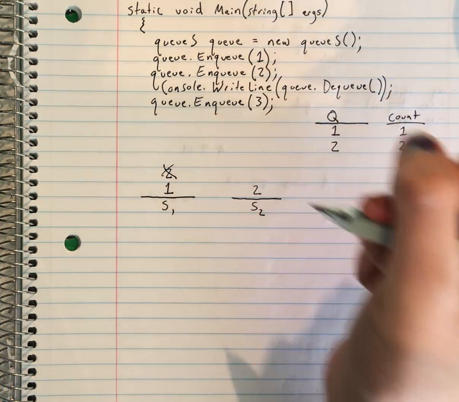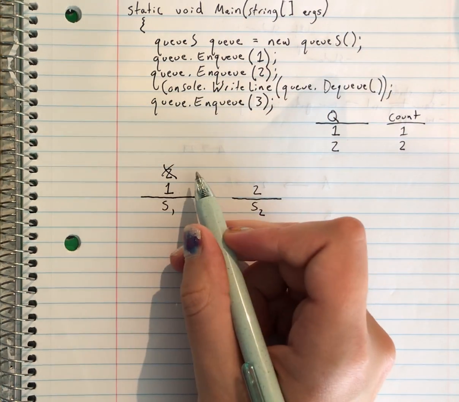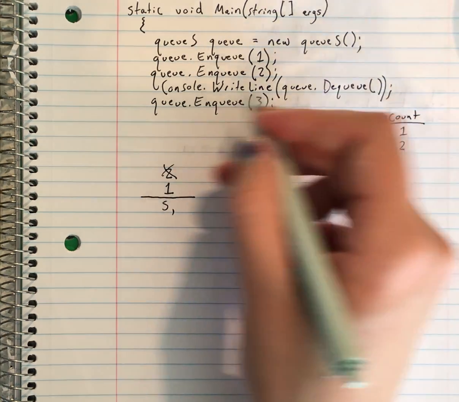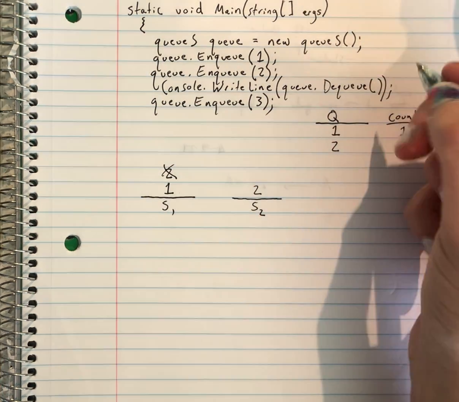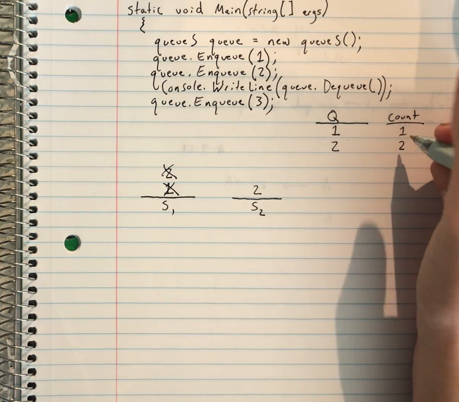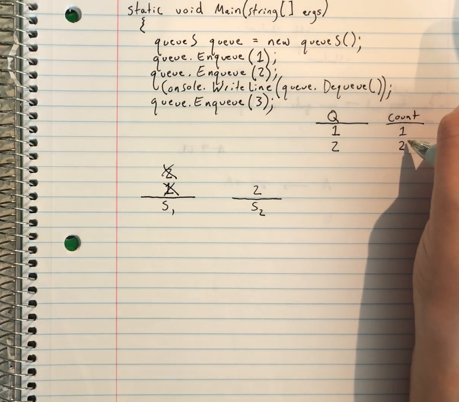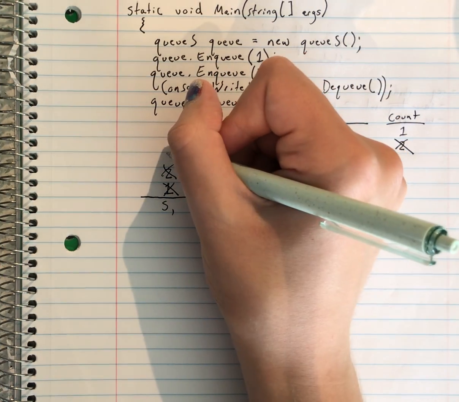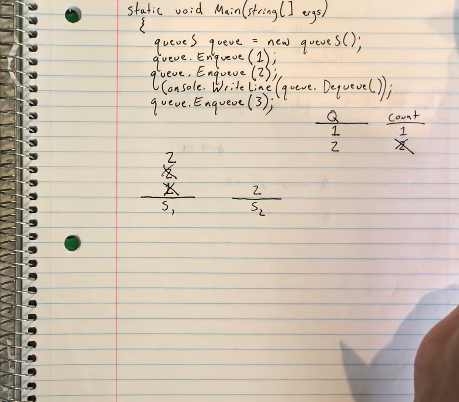It's gone from S1. 1 gets popped and written in the console. So 1 is gone. Count gets decremented. Count is now 1. And 2 gets thrown back into S1.